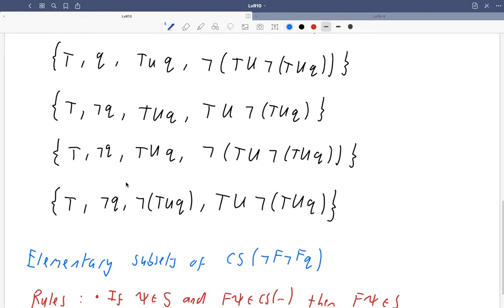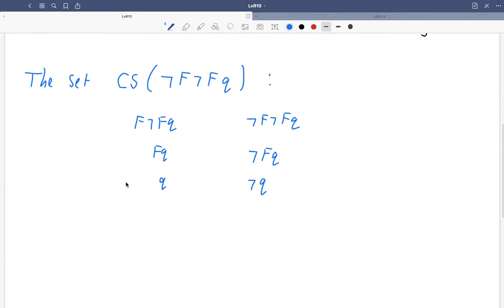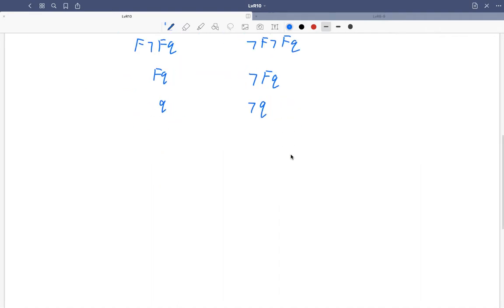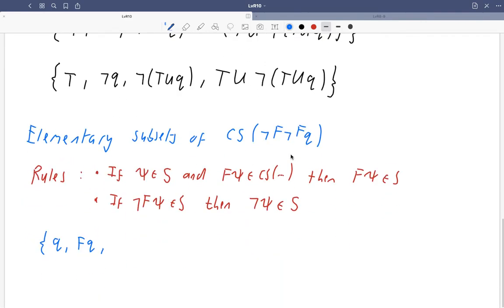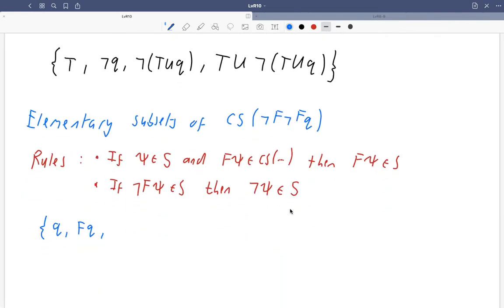So let's have a look at our complemented subformulas. So we've either got F not F of Q and not F of not F of Q, and either of those can hold, by these rules.